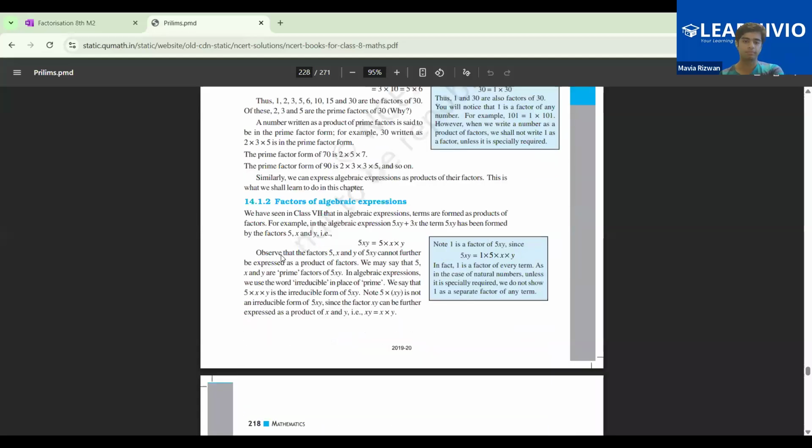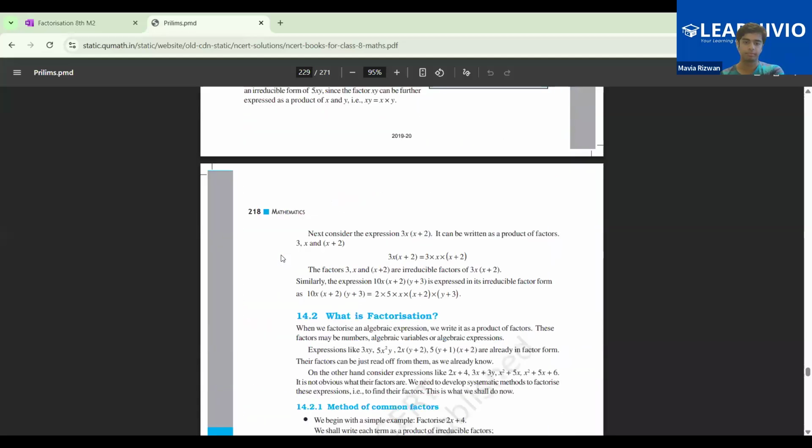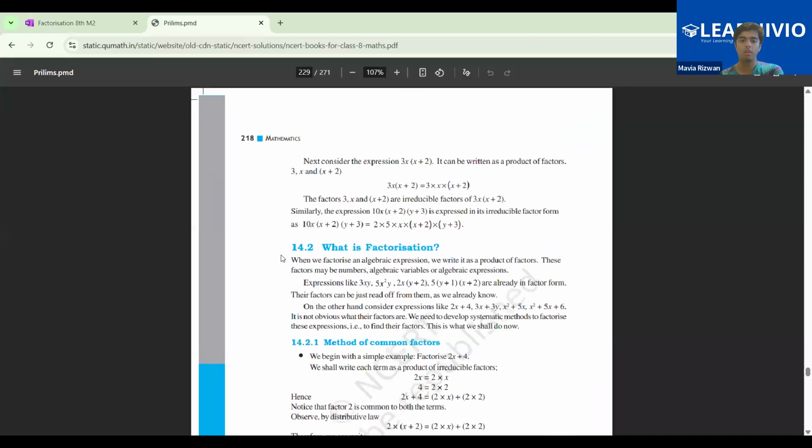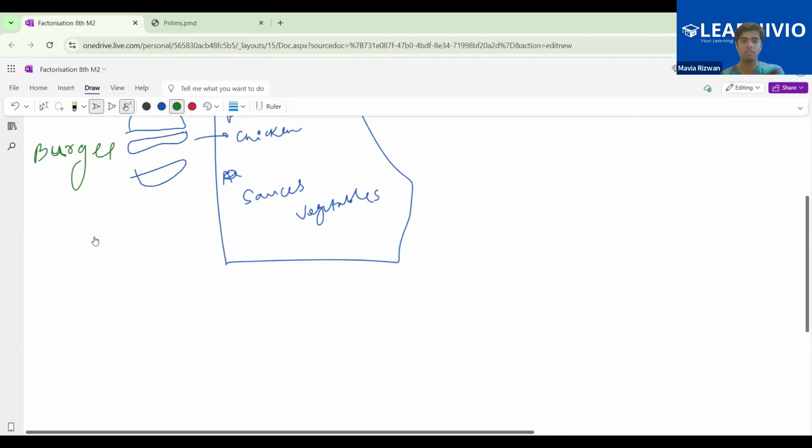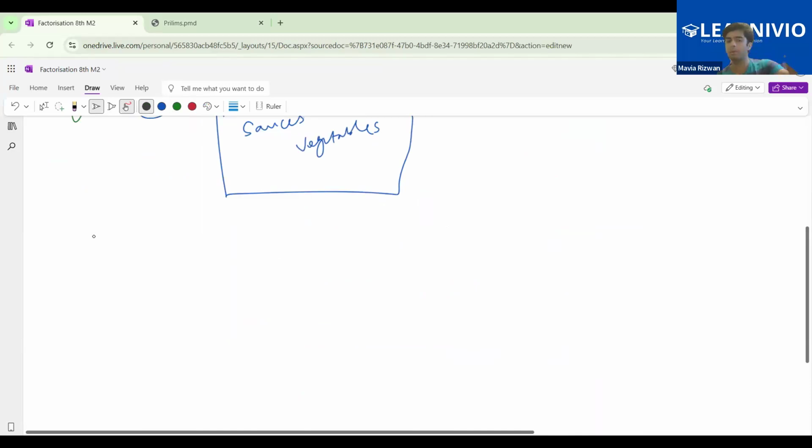Now moving on, what does factorization mean? Factorization is basically taking out the ingredients of the burger: take out the chicken patty, take out the sauces, take out the vegetables, take out the bun. So you separate them. That is known as factorization.